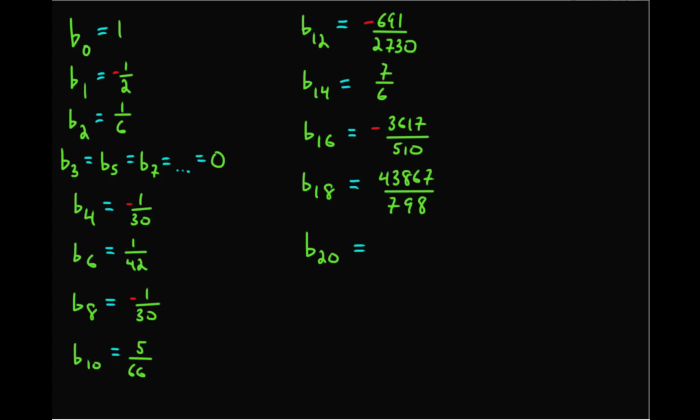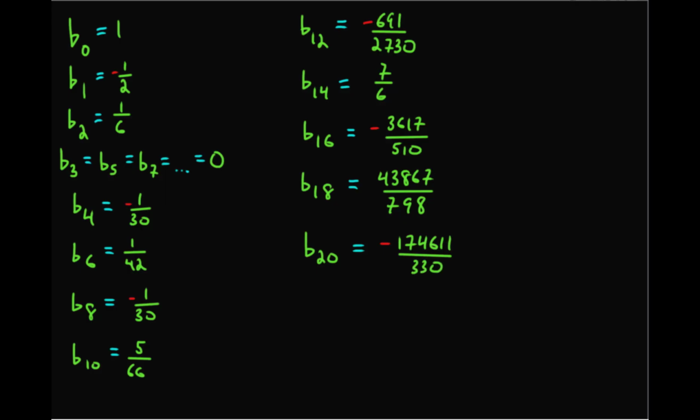B sub 20 is negative 174,611/330. B sub 22 equals 854,513/138. And so we can see, even without actually doing the division and reducing these fractions, that the Bernoulli numbers are getting larger and larger, just by dint of the fact that the number of digits in the numerator of all of these terms is strongly outstripping the number of digits in the denominator.